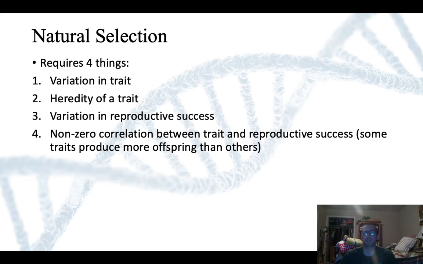Really, that's what that's saying. So, like I said earlier, the purple flowers produce more offspring than the white flowers. So if you have all four of those things, you'll have natural selection in action, and through time, you will have a species, or population, I should say, that modifies. And that population may turn into an entirely new species, given enough time.